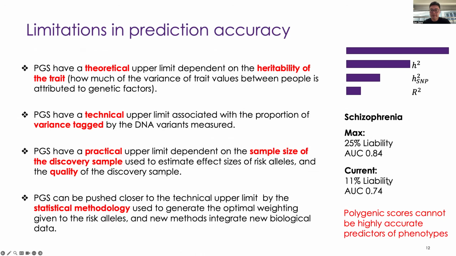But the observed prediction accuracy is only 11% on the liability scale, or an AUC of 0.74 at the moment. As discovery sample size increases and methods improve, prediction accuracy will approach the SNP-based heritability, but will never exceed it. In other words, PGS can never be a highly accurate predictor of the phenotypes, nor deterministic for the disease diagnosis.